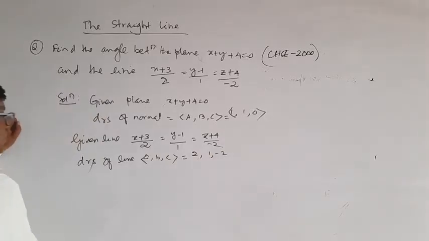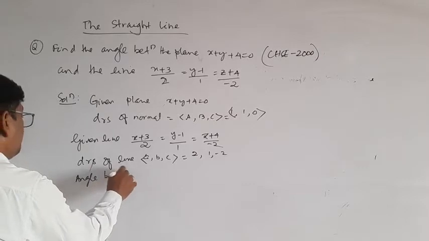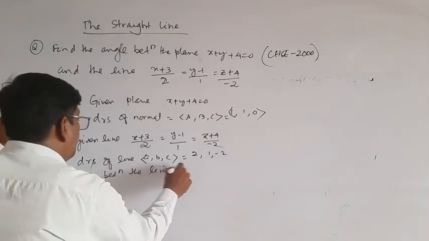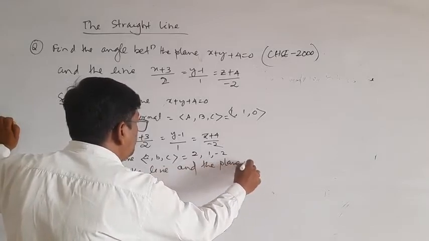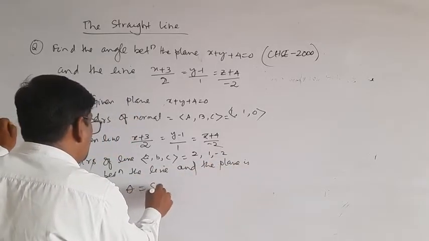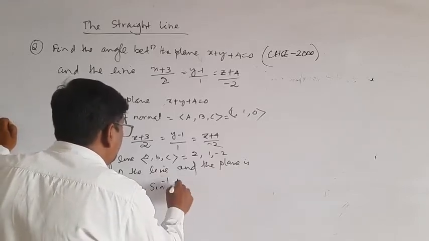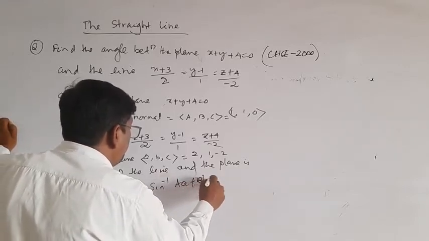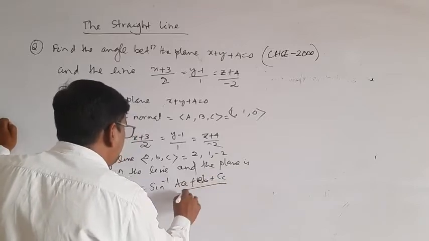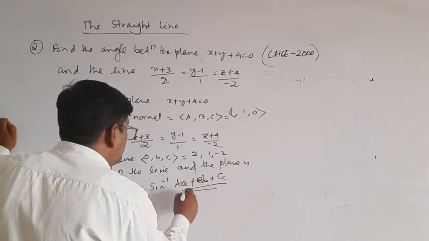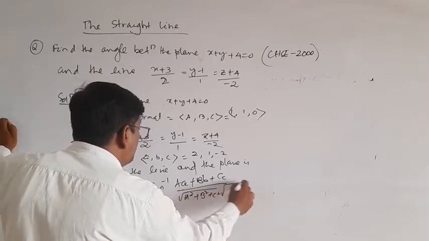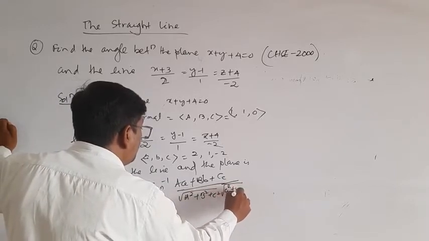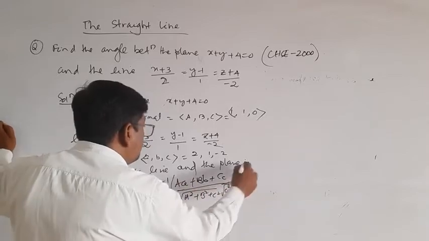Okay. So now the angle between the line and the plane is theta is equal to sin inverse of (aA plus bB plus cC) divided by root over A square plus B square plus C square into square root of a square plus b square plus c square.